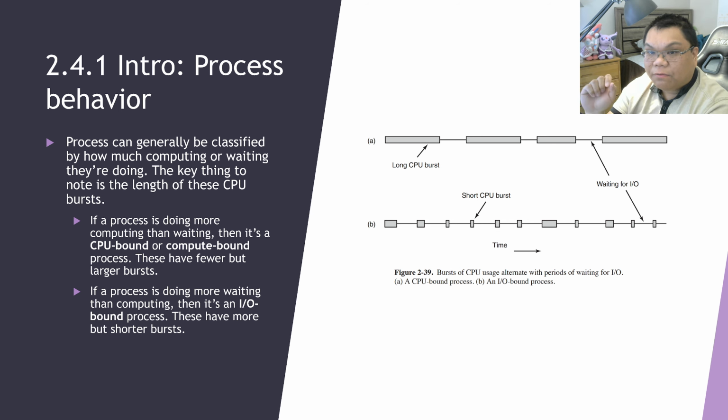These have more frequent CPU bursts, but they're shorter. So that's a general way we can classify these types of processes. They either have large but infrequent CPU bursts, or they have a lot of short CPU bursts.